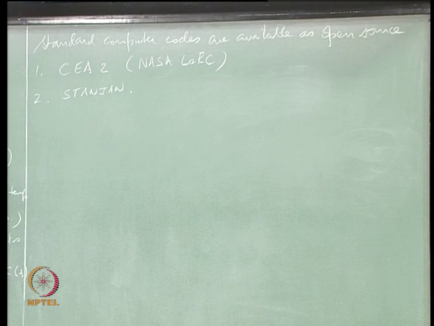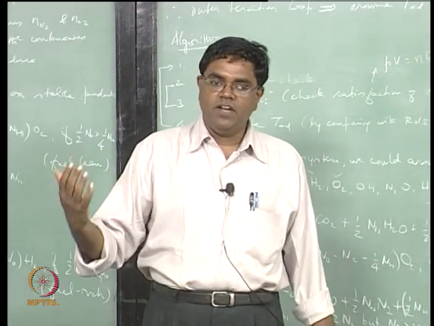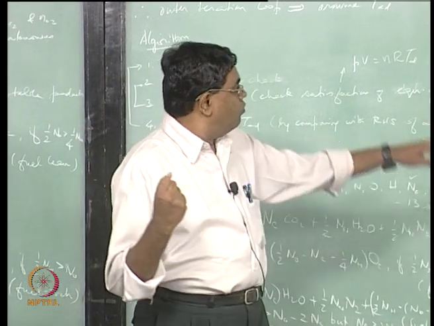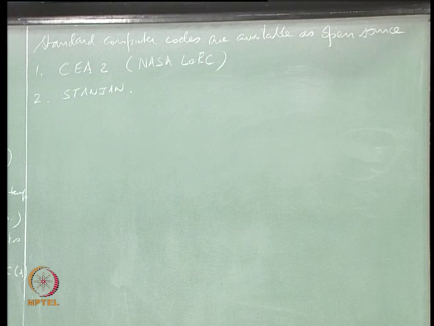So if you now have a product mixture, of course typically you are expected to obtain the molecular weight of the mixture, for example the ratio of specific heats for the mixture, but what more this can do is to also get you thermal conductivity and viscosity, those kinds of information also.